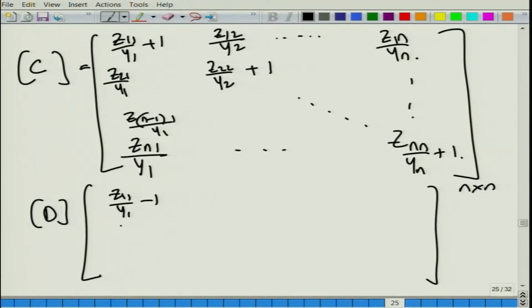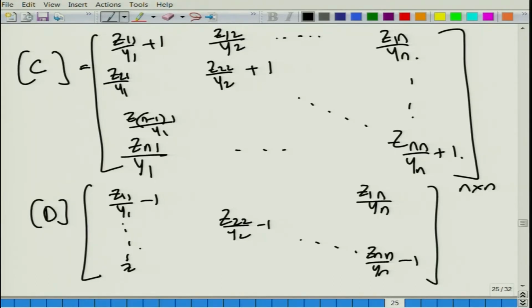So, everything else will be the same, and here we will have Z22 Y2 minus 1 like this, and this will be your Yn, and this will be your n plus 1 Y1. So, C and D. So, basically we get C inverse D, and this is CD.